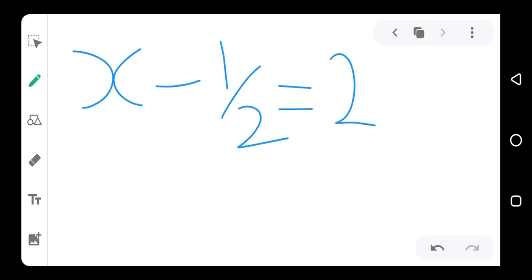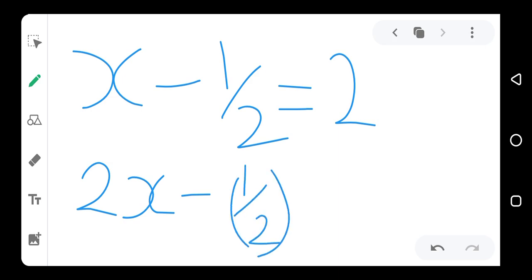Now with this, we can multiply through by 2. If we multiply through by 2, we have 2x minus 1 is equal to 2 times 2.